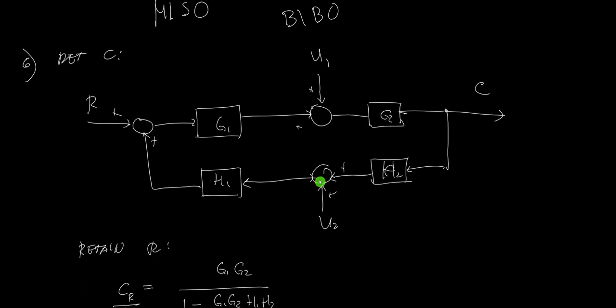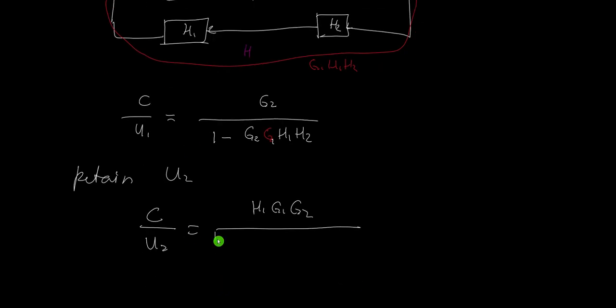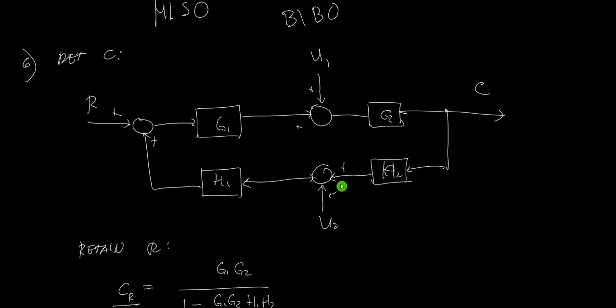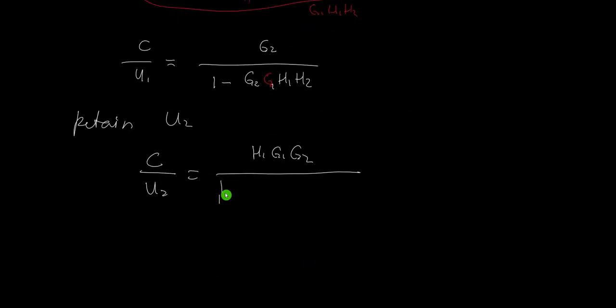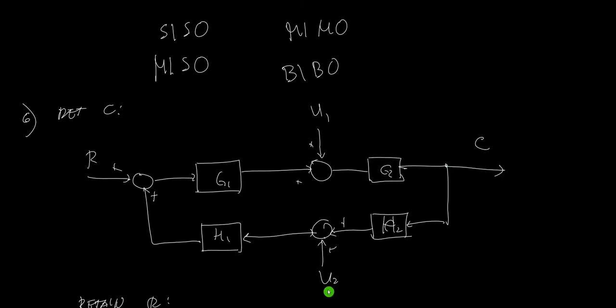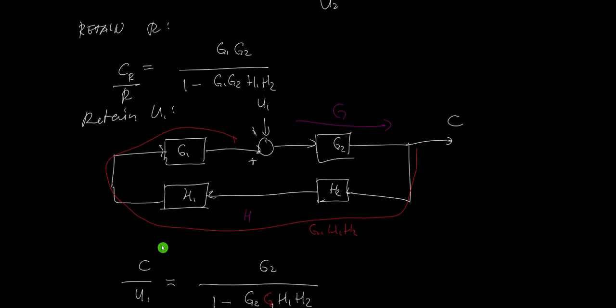Our G will be H1 times G1 times G2, all over 1. This is still plus, plus and plus, so it should be minus here. Copy H1, G1 times G2, and multiply it with the feedback. The new feedback now is just H2. So you just multiply this with H2, and that will be the output due to U2.